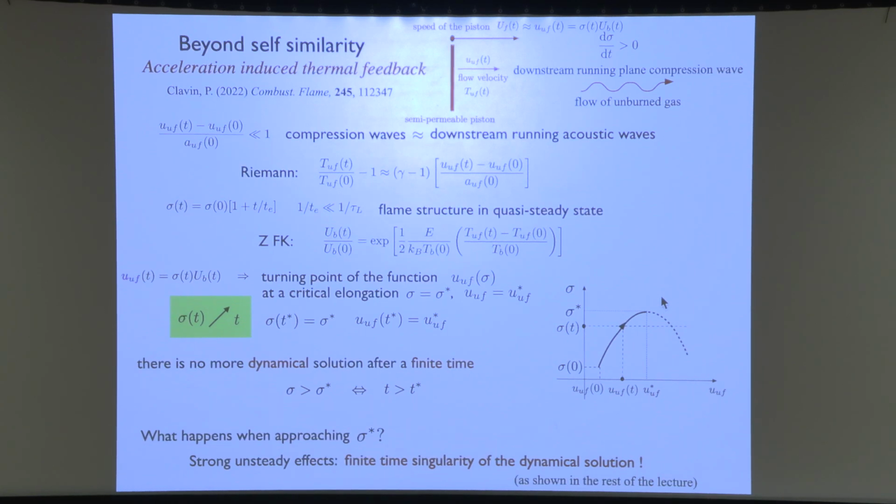That is, above a certain velocity of the flame, which is related to the intensity of the backflow, above this critical value, there is no more solution. Even there is no more unsteady solution. So the question is now, what is going to happen at this point?